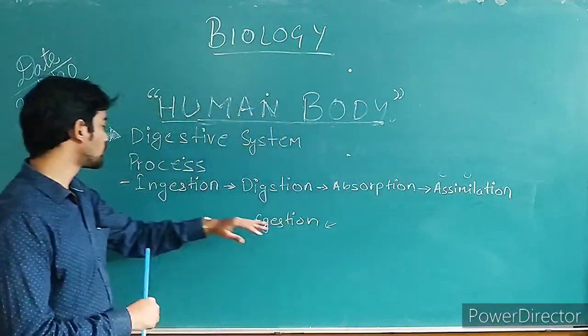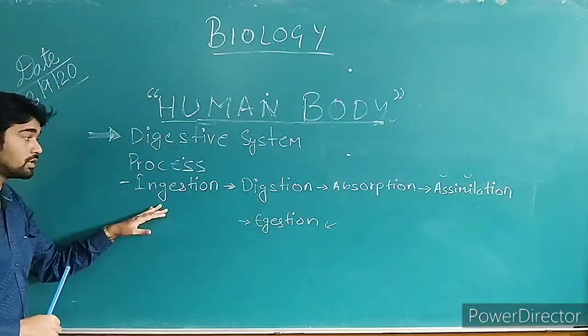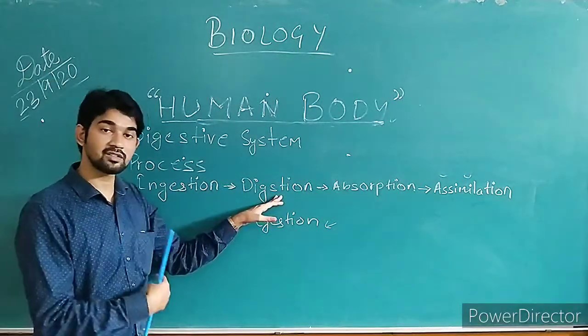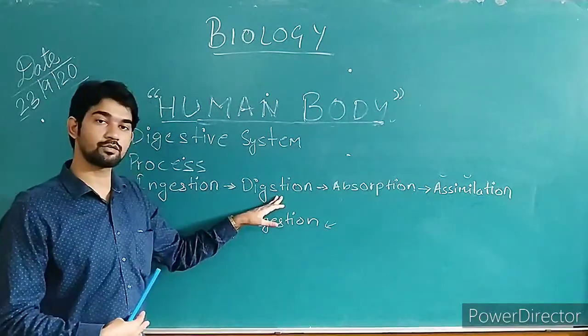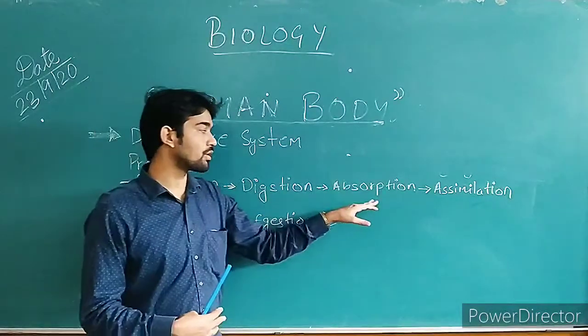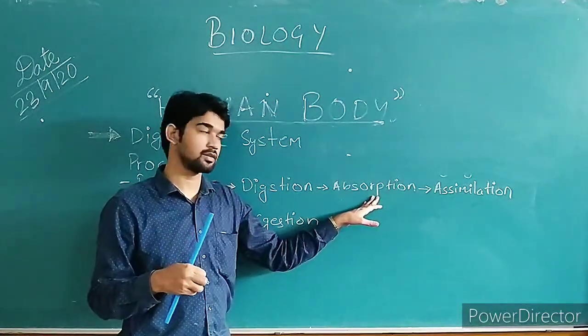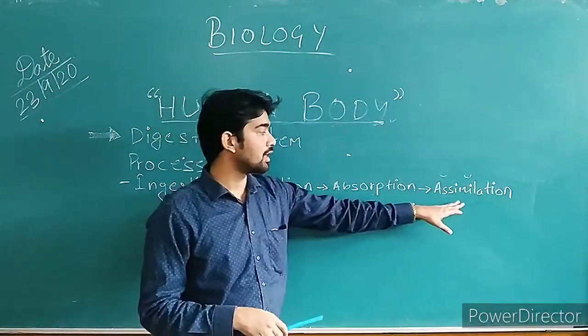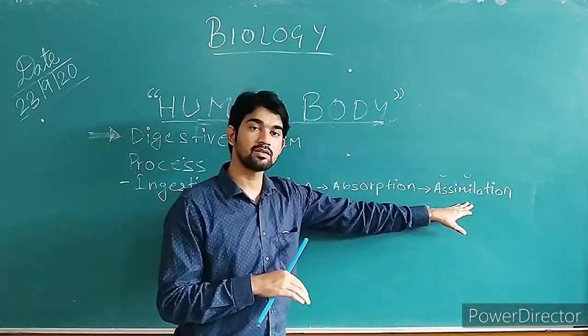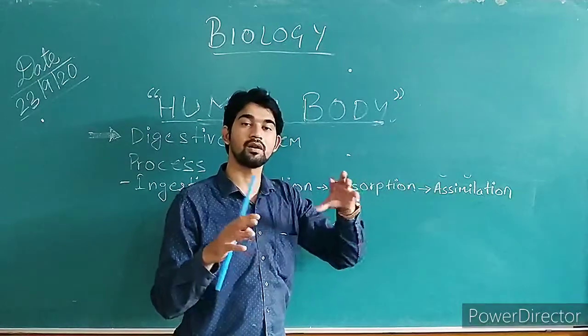So when you ingest the food, then you digest it in your stomach and alimentary canal, then your intestines absorb those nutrients, then those nutrients are put where they belong.